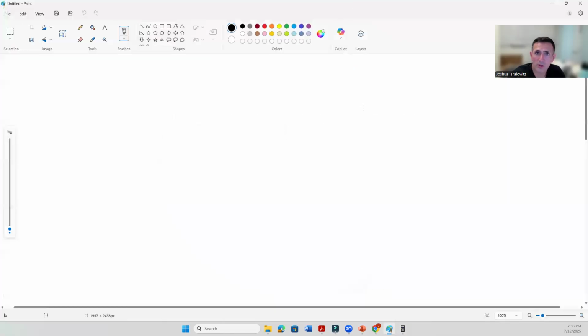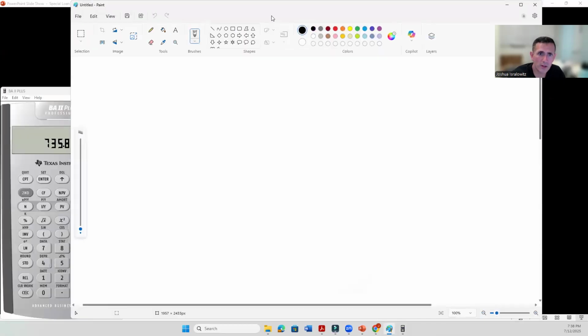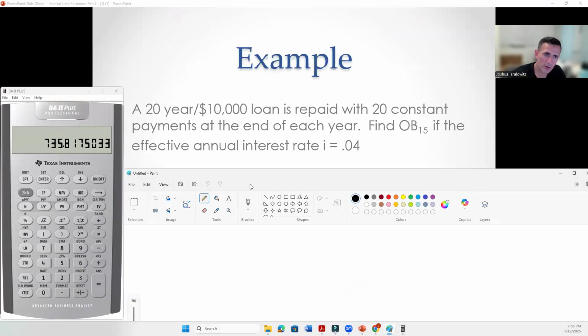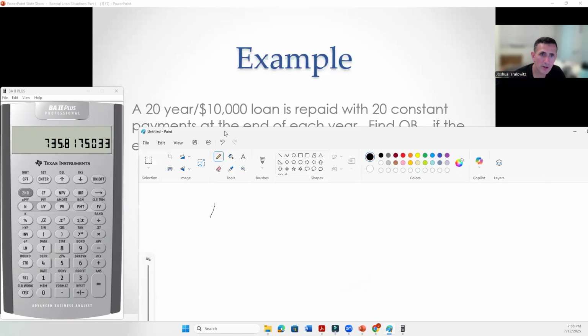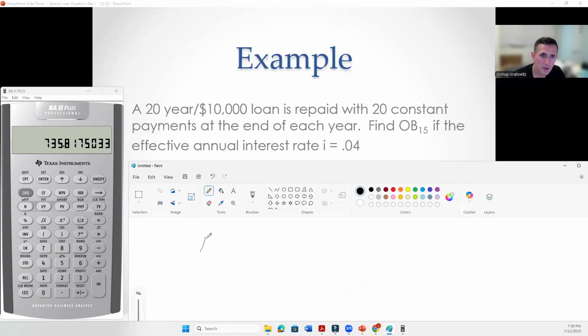So my constant payments are 735.82. I don't feel like writing it all down.